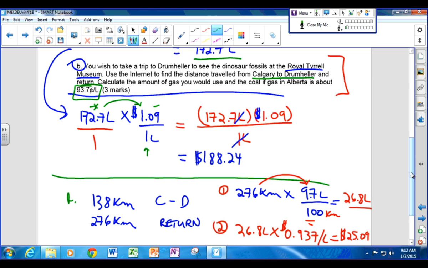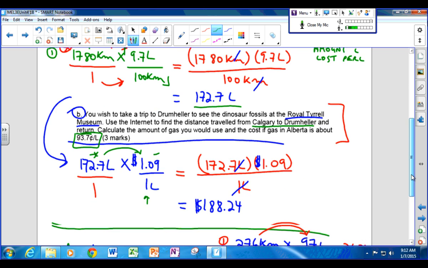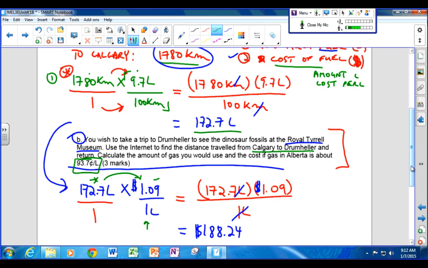Okay. So the next question, and sorry, I ran out of room there, so I kind of messed up this page a lot. The next question was part B here, and the idea behind this is to get you to realize that even little side trips that you're going to take have a cost to them. And sometimes those costs can be quite shocking, quite surprising.